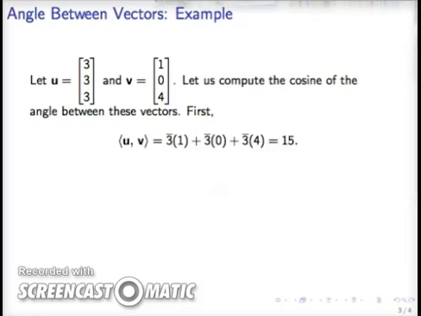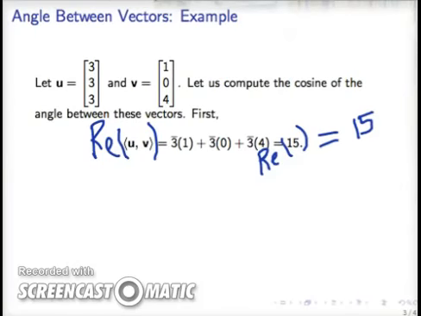We find that the inner product equals 15, but this is really 15 plus 0i, so we would find the real part of the inner product between u and v.